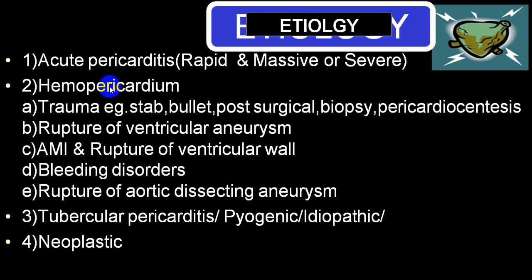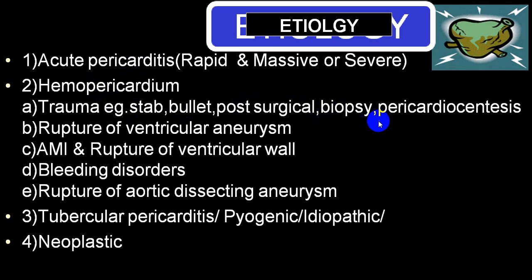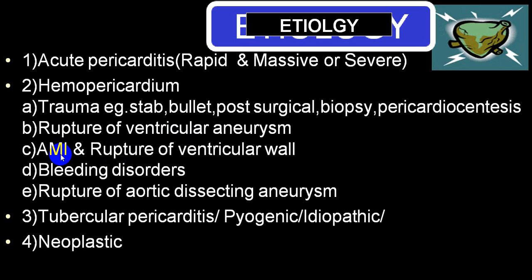Also in case of traumatic injury, hemopericardium can occur, and that will be rapid accumulation of blood, like stab wound injury, bullet injury, post-surgical, following a biopsy or pericardiocentesis. Once in a while, rupture of a ventricular aneurysm or, in acute MI, rupture of the ventricular wall.